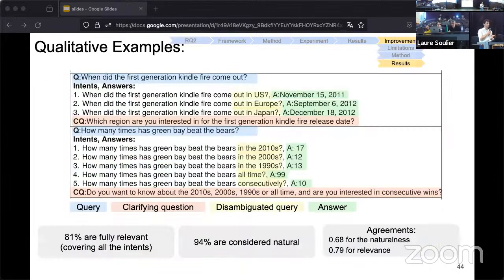Okay. This one? Yes. Okay. And my question is very naive, but is it important to have naturalness in this case for the user? Is it the critical feature that you want?